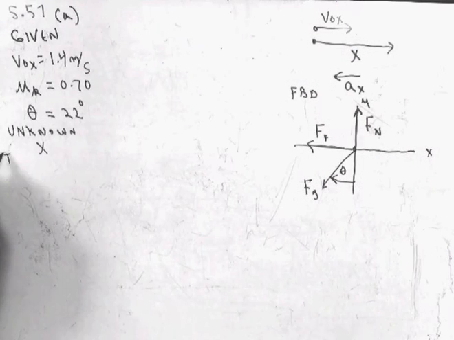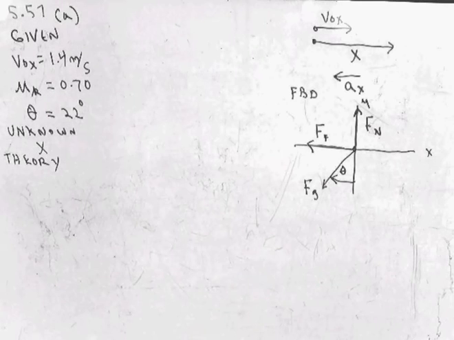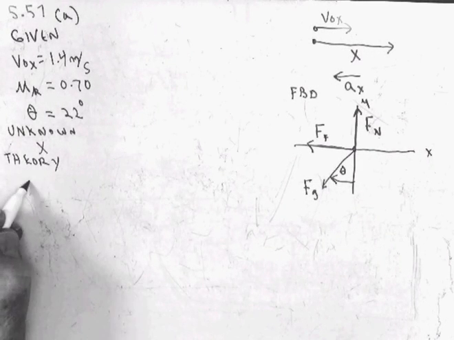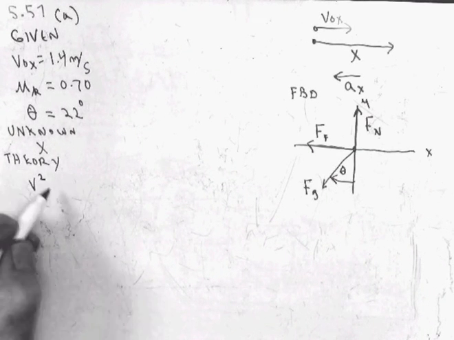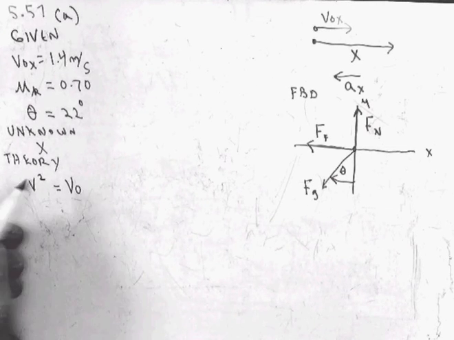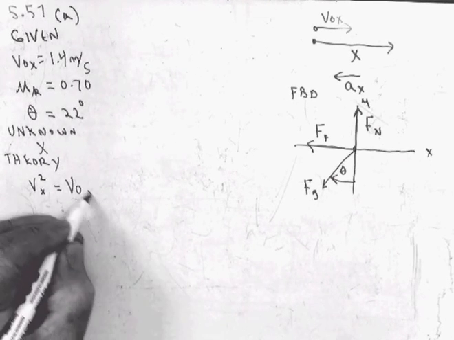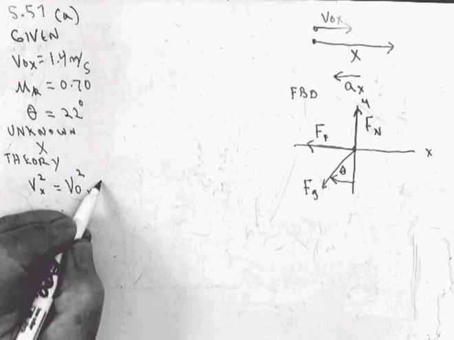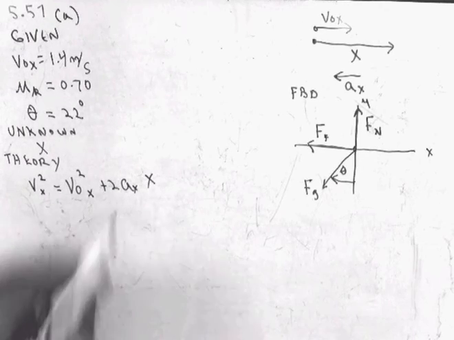And then we need something to tie all this together to find out what x is. If we know the acceleration in the x, we can use that v squared equals v naught squared, and let's go ahead and make this in the x direction, because that's where the motion is taking place, plus 2 times the acceleration in the x times x.